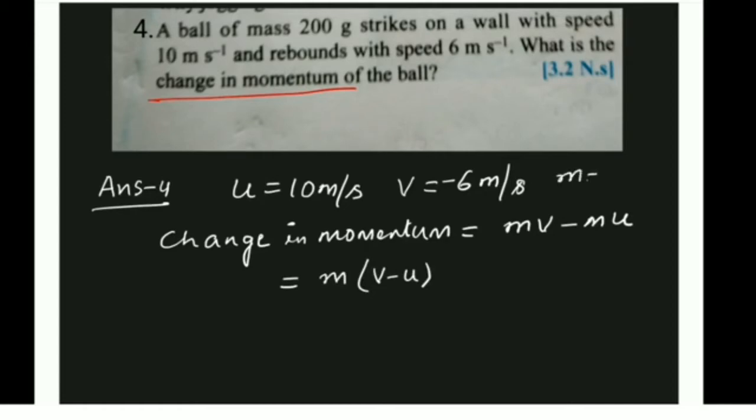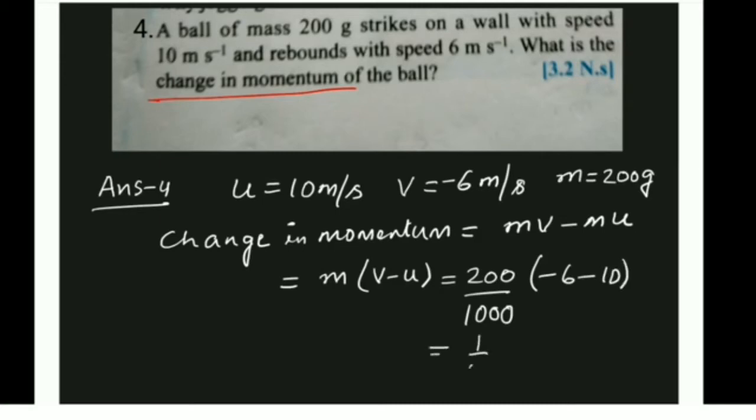M equals 200 gram. We need to convert into kg, so 200 upon 1000, and what is v here? Minus 6 minus 10. So altogether if you solve this, 1 by 5 into minus 16, or you can write 3.2 with minus sign, kilogram meter per second.